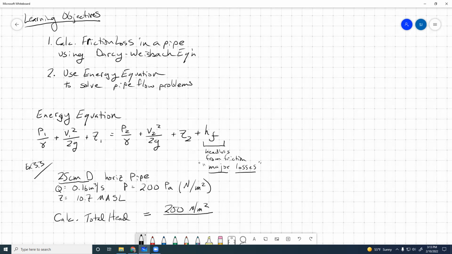We're not given any specific information here, so we'll assume standard conditions: 9,800 newtons per cubic meter, plus our velocity, Q over A is equal to velocity.